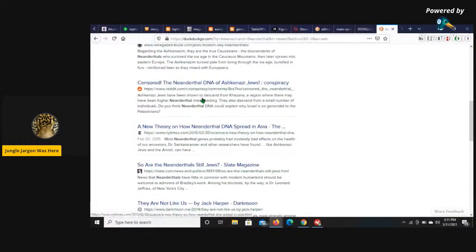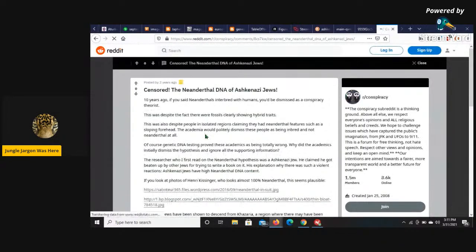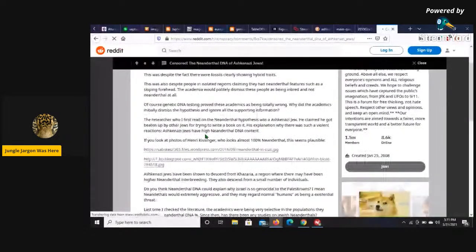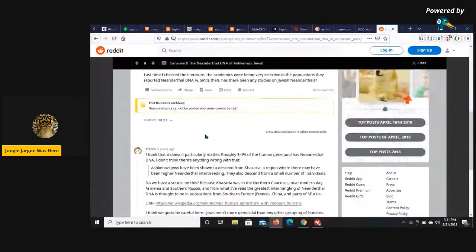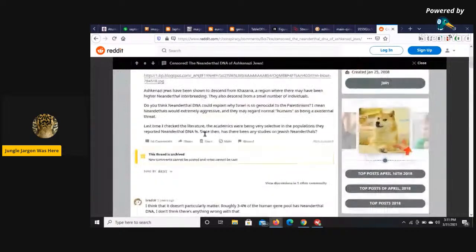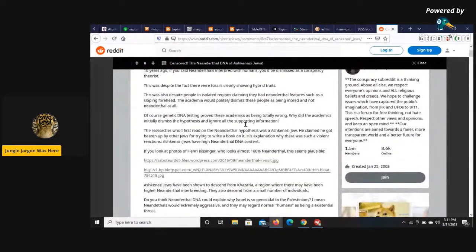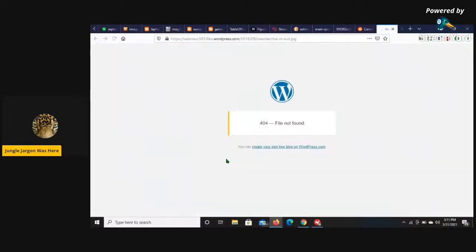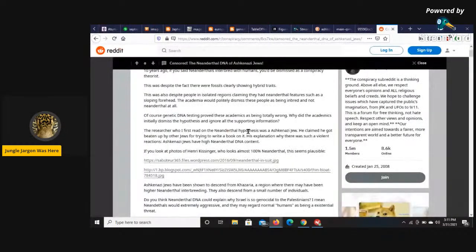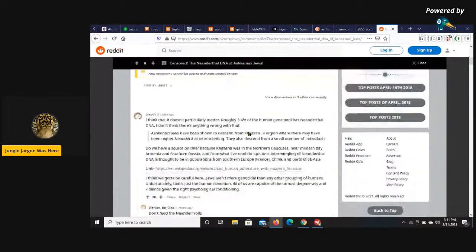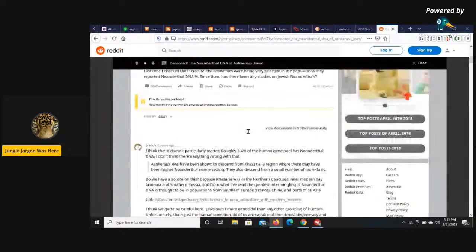And of course, if you want to click on this, you'll see the Reddit archive. Let me see, plausible. I guess they archived it. It no longer has the picture, but my phone had the picture.